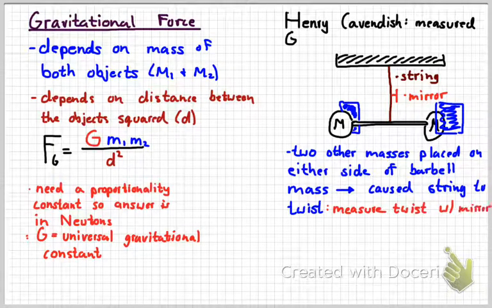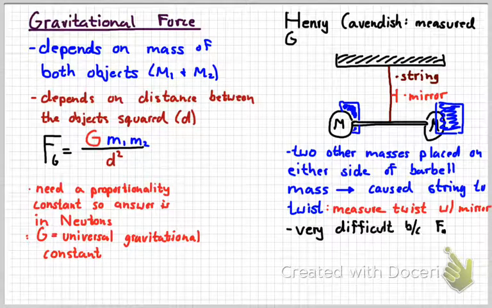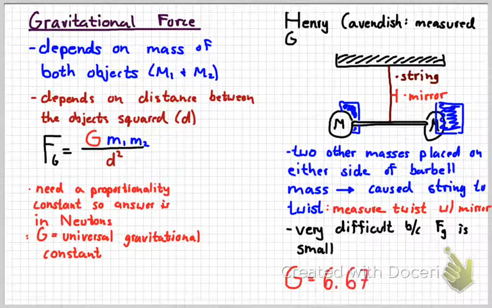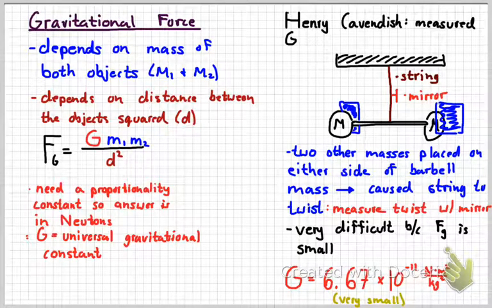You measure this twist with the mirror, just reflect the light off the mirror and see how much it moves, and from that you can figure out how strong the force of gravity is between the black masses and the blue masses. So it's a very difficult experiment to do because the force of gravity is so small.